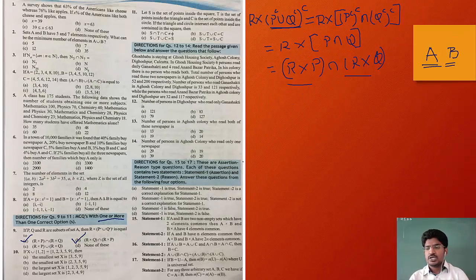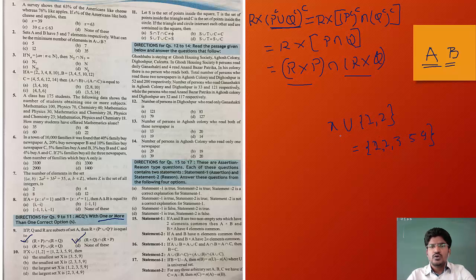So, in the 10th question, there is set x and another set, that is {1, 2}, and they are making union of these two. So, union of these two gives what? Union of these two gives {1, 2, 3, 5, 9}. Clear? So, if you make union of x and {1, 2}, you are going to get {1, 2, 3, 5, 9}.